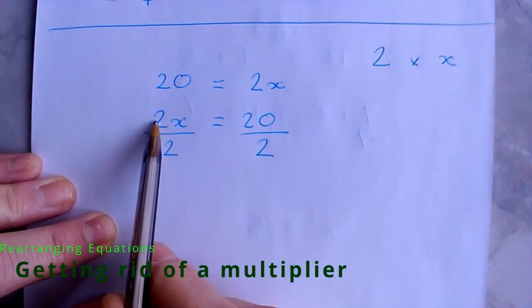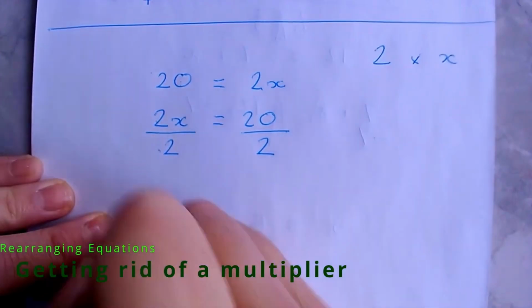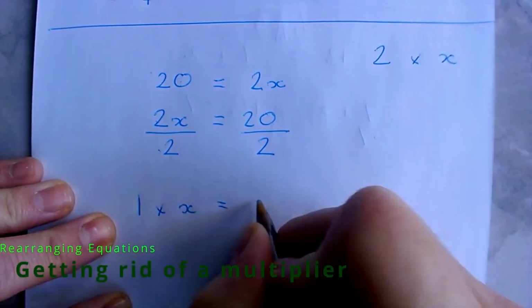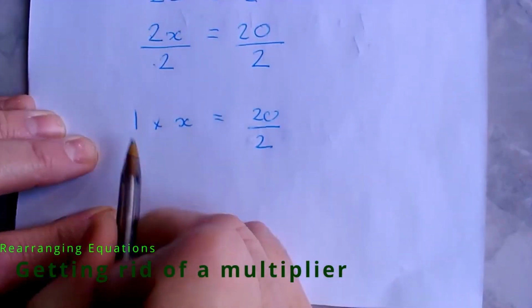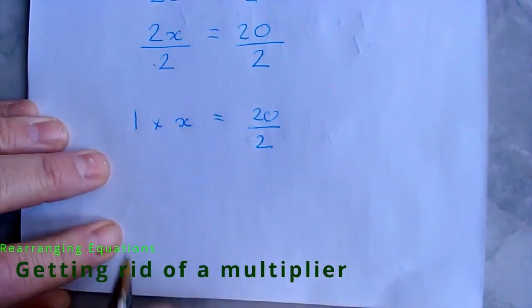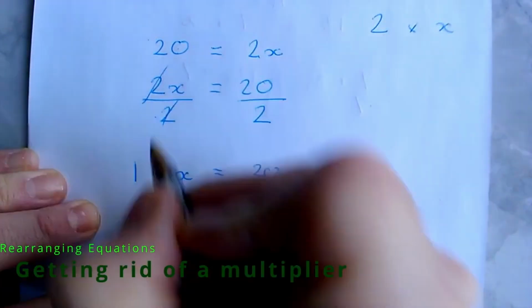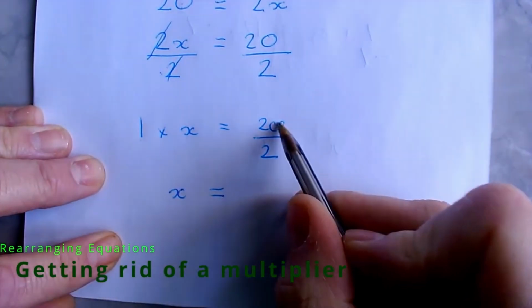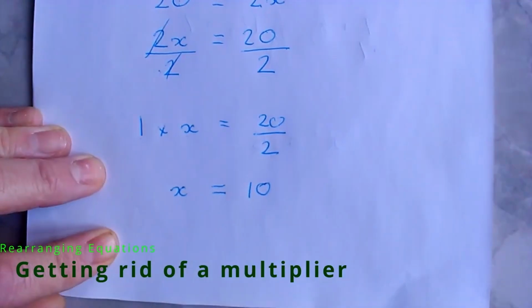Now of course when you divide any number by itself, you get the value of 1. 1 times x is 20 over 2. But of course, 1 times x is just x. So effectively, we've got rid of those two numbers there, and we're left with x equals 20 divided by 2, which is 10.